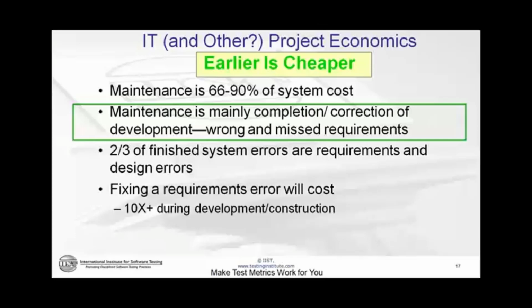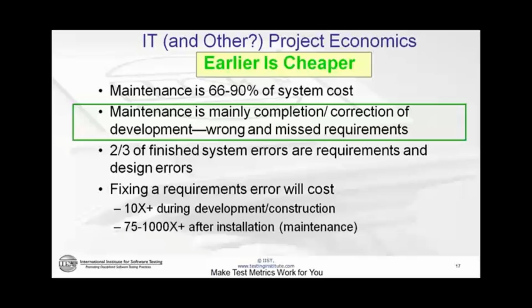And the significance of this is that if there is a requirements error and it is not found until after it's been programmed, it's usually going to cost easily 10 times as much or more to fix than if the error had been caught as a requirement, so that the developer didn't spend time coding it wrong or coding the wrong thing.